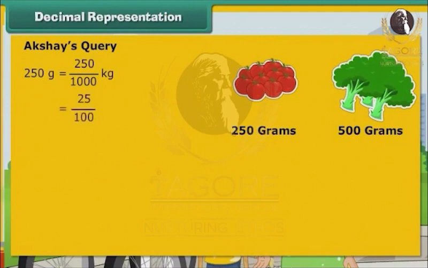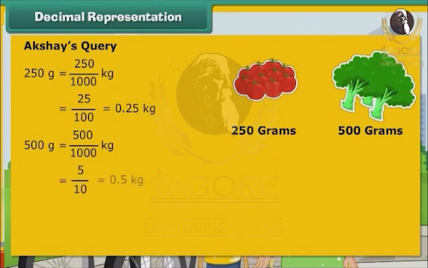That is equal to 25 by 100 kg. That is equal to 0.25 or 1 by 4 kg. 500 gram is equal to 500 by 1000 kg. That is equal to 5 by 10 kg. That is equal to 0.5 or 1 by 2 kg.